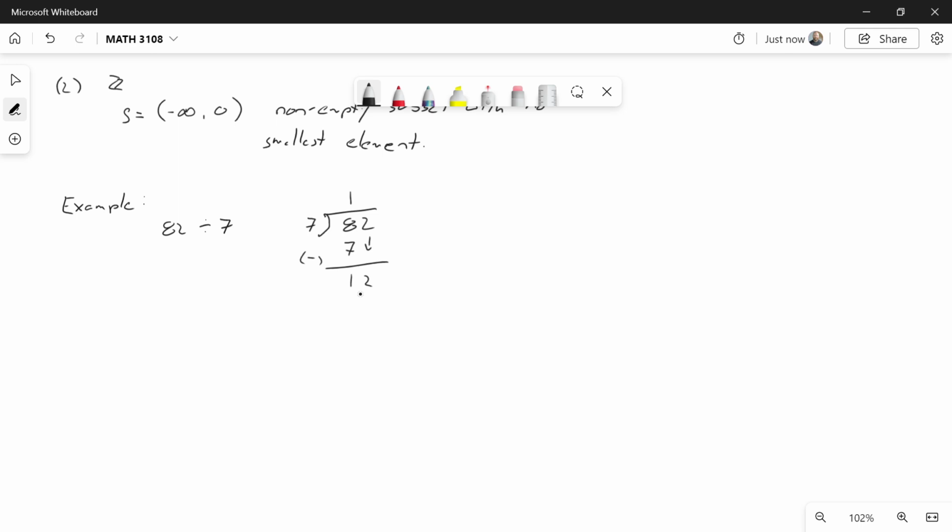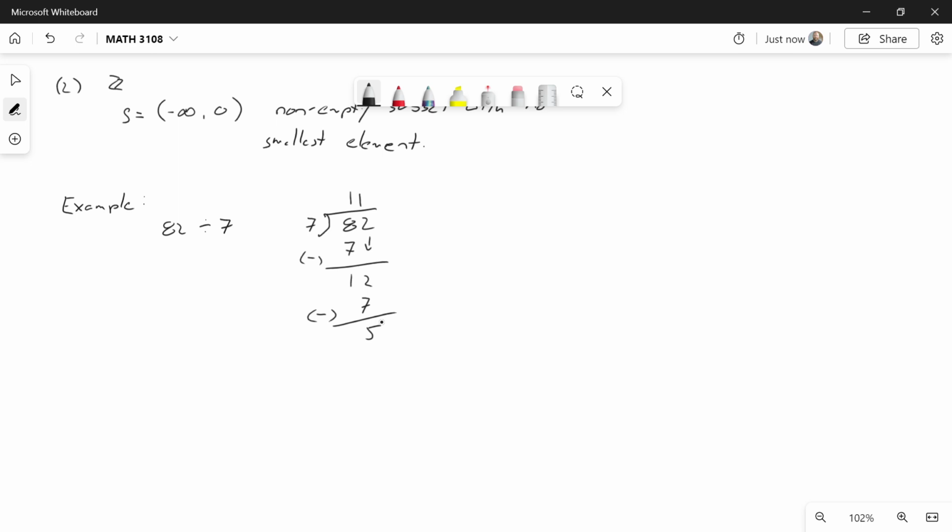If the number on the bottom here, this 12 right now, is larger than whatever I'm trying to divide by, I repeat this loop again. So since it is greater than 7, I ask, how many times does 7 go into 12? It goes once. So I add another 1 up here. 1 times 7 is 7. I do a subtraction. 12 minus 7 gives me a 5.